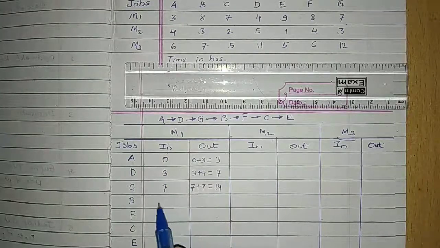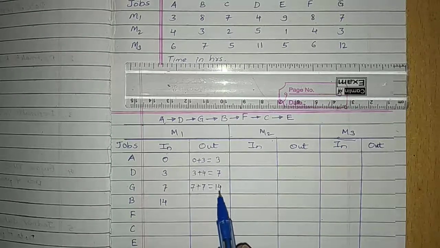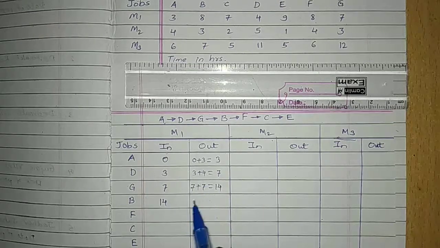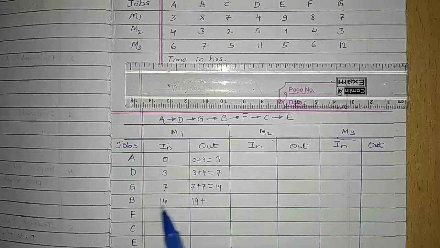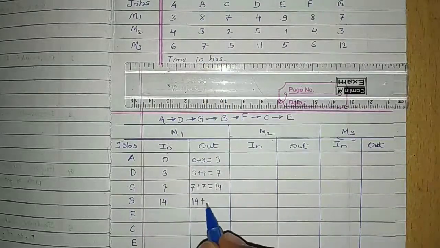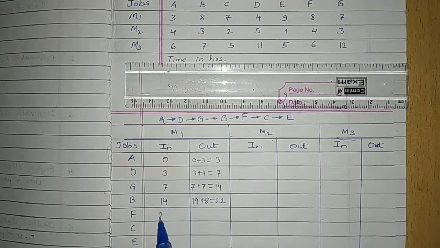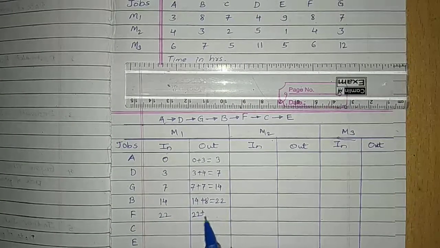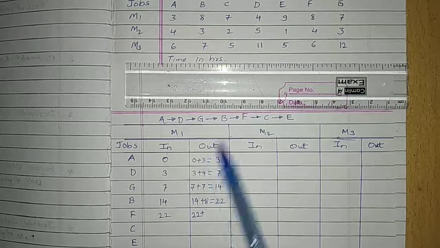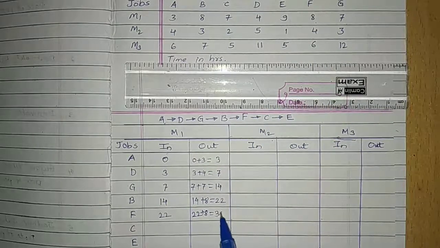14 hours. So for job B, in time will be 14 hours, that is the finished time of job G. So its out time on machine M1 will be 14 plus, for job B, processing time is 8. 14 plus 8, 22. Right? So in time for F will be 22. 22 plus, for job F, out time will be 22 plus 8, which comes to 30.